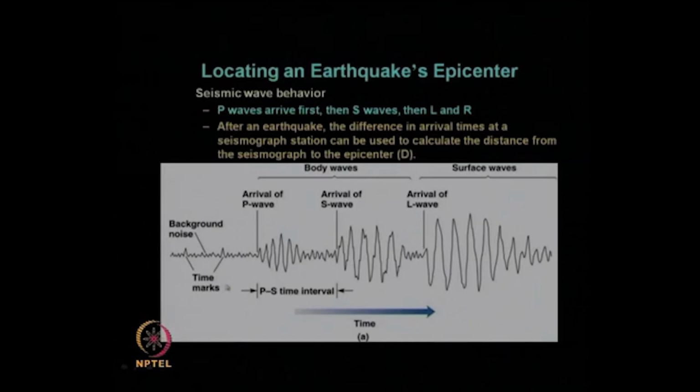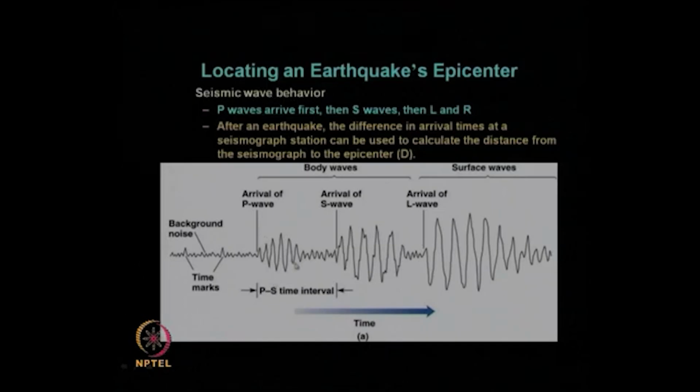So, this is a typical picture of a seismogram. We have already seen, initially there will be some small jerks like this, which is nothing but background noise. Now, when there is a subsequent amount of displacement recorded in your seismogram, that shows that some earthquake has occurred and the P wave has arrived.